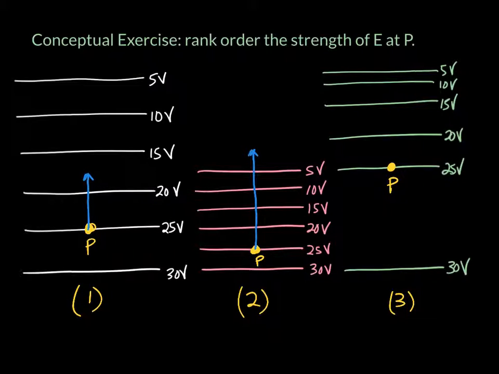Field 1 would be half as big, and field 3 should be 1/5 or 1/6 as big. All right, so it should be the case that E2 is greater than E1, which is greater than E3, just by the gravitational analogy.